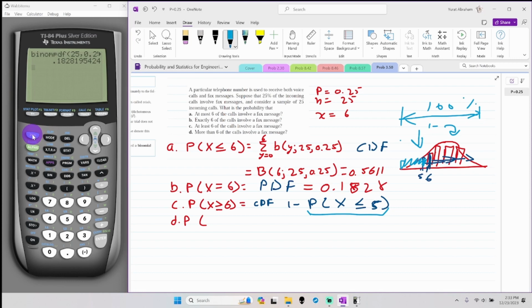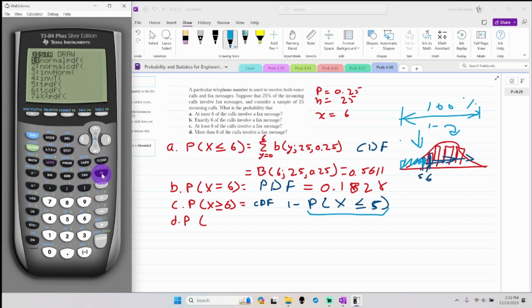Again, we're going to go to, let me clear this first. Second, vars, all the way down to the letter B, binomial CDF. And we're going to do number of trials. It's going to be 5 this time. And the probability of something happening, 0.25. X value 5. I think I did a little typo.